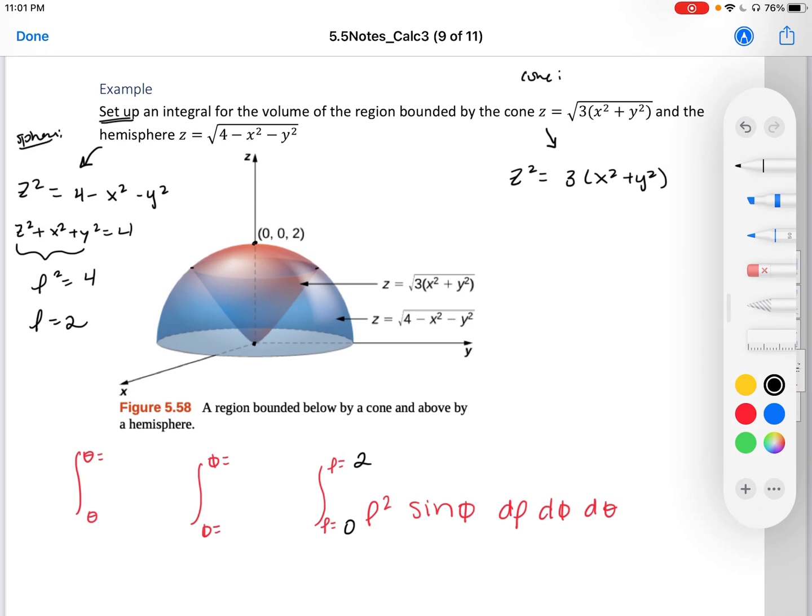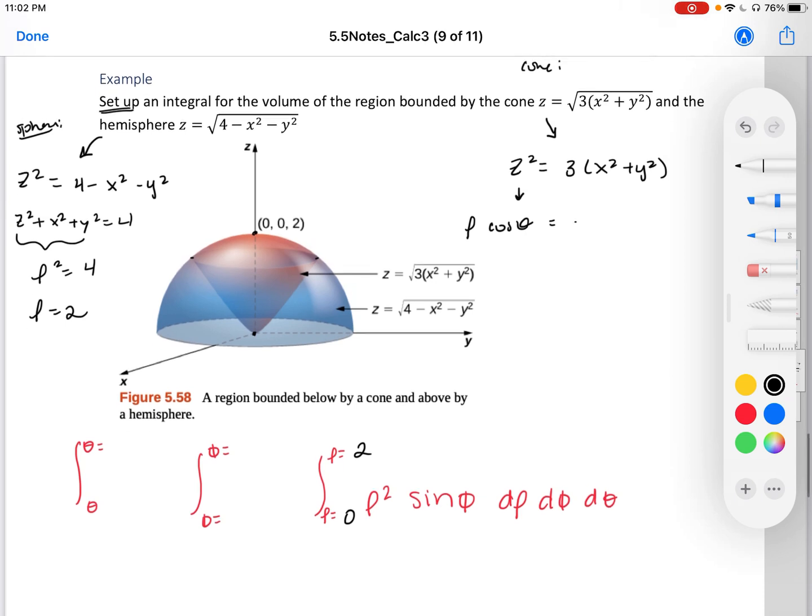All right. So if you recall from our chart in the beginning, z is the same as rho cosine theta. And we have square root of 3 rho sine theta.